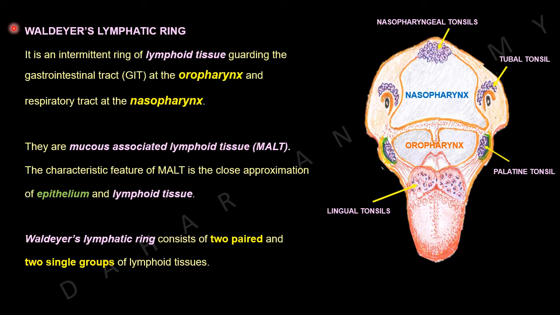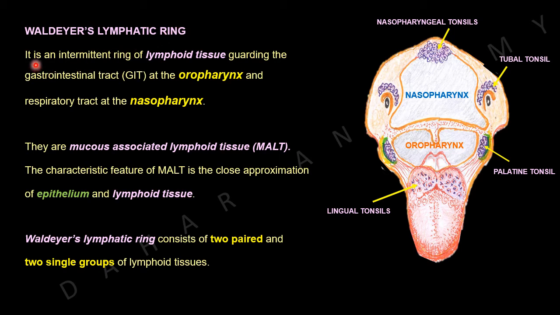Waldeyer's lymphatic ring. Look at the diagram. This is partly coronal section and partly horizontal section. This is nasopharynx and this is oropharynx, separated by the soft tissue. Now we are going to talk about Waldeyer's lymphatic ring.